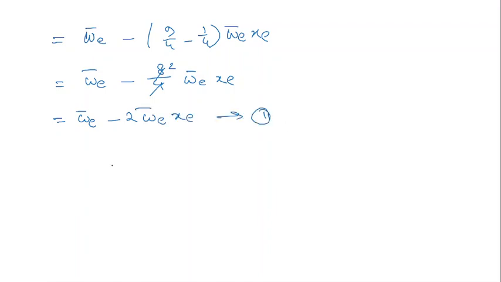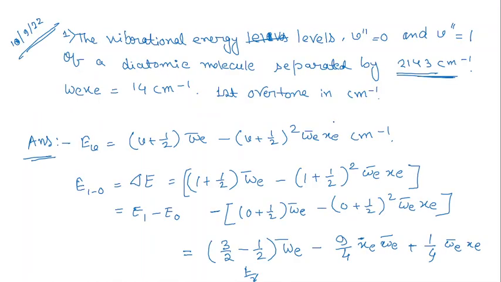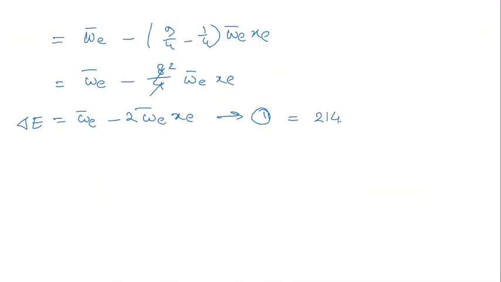This is the energy, ΔE. ΔE equals what they gave, the number 2143. So omega e bar minus 2 omega e bar xe is the value 2143 centimeter inverse.